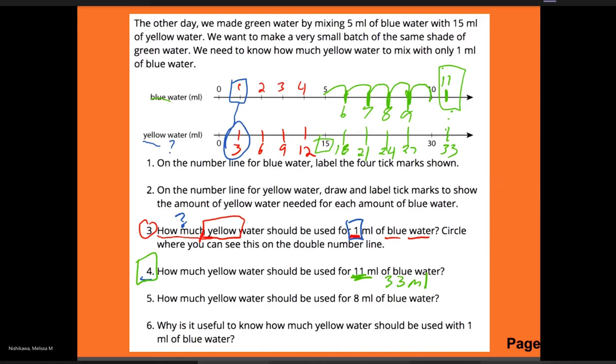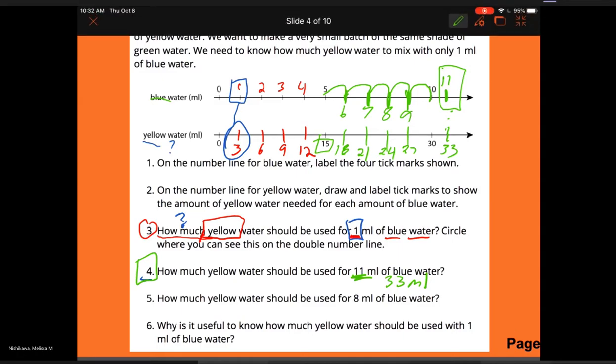So now I want you to answer number 5. How much yellow water should be used for 8 milliliters of blue water? And I want you to answer in the chat box.